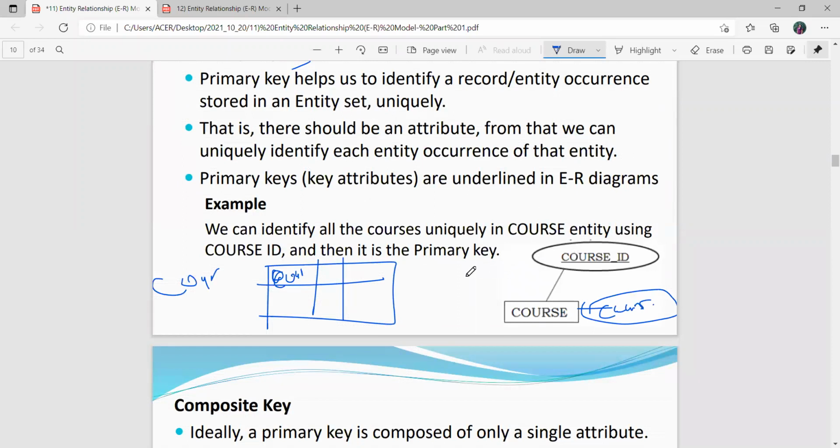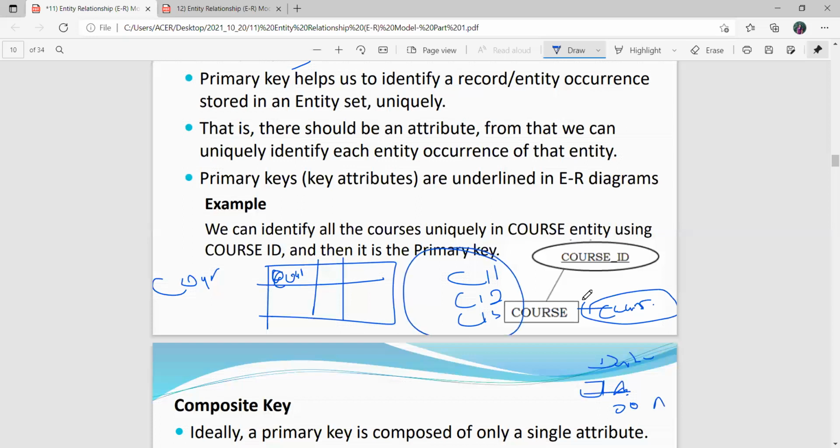We can use course ID as C11, C12, then C13. This is database designing, then Java object-oriented concepts, likewise. So we can use one attribute from this entity to identify all the records in the given set. Such attributes are known as a primary key. The primary key is a key which is used to identify each and every record uniquely.